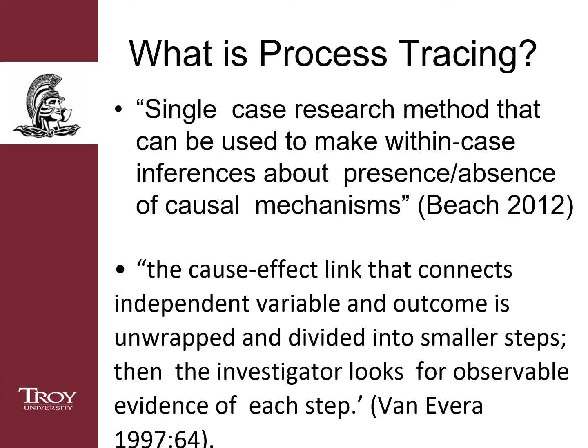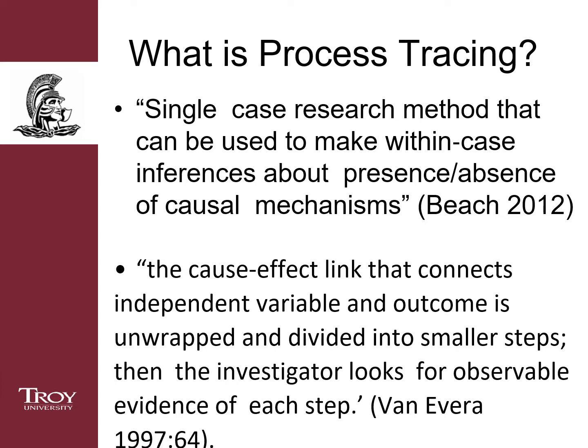Van Evera, in 1997, describes it this way: the cause-effect link that connects independent variable and outcome is unwrapped and divided into smaller steps. Then the investigator looks for observable evidence of each step, which, by the way, just explained the whole thing.